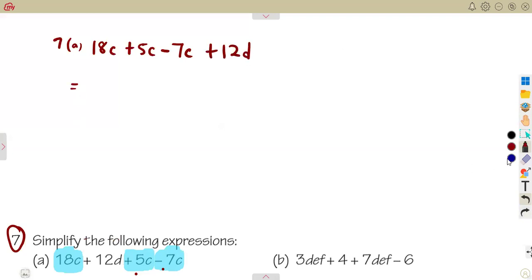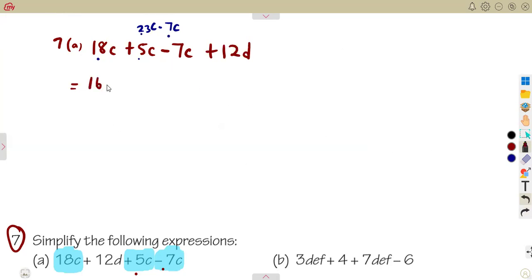All right, so there we can just add on our calculator. We add these two: 18 plus 5, which is going to give you 23. So that is 23c minus 7c. So 23 minus 7, you also subtract that, which is 16.